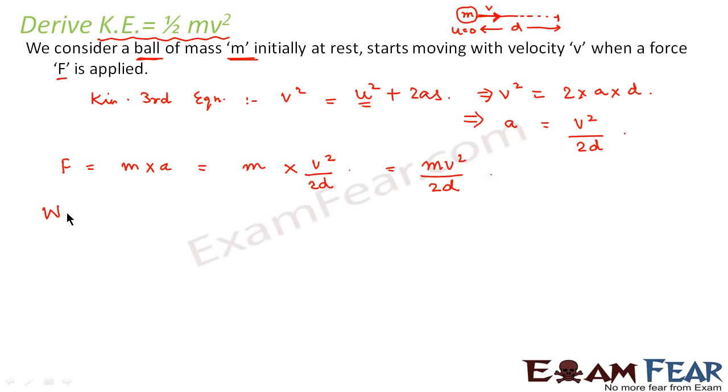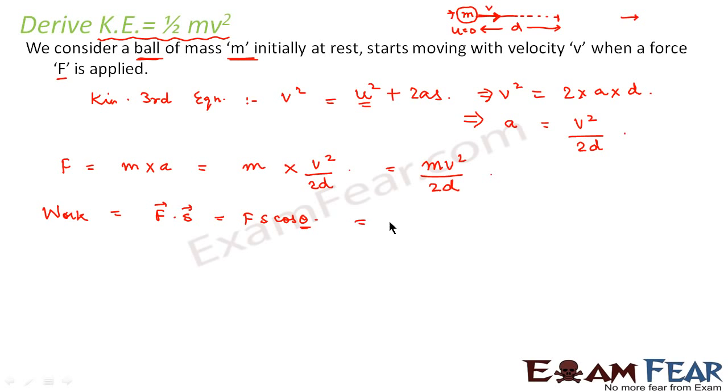Now let us come back to work done. Work done is nothing but force dot displacement, that is F dot S, which is Fs cos theta, where theta is the angle between force and displacement. In this case, the force and displacement both act along the same direction, because the force is applied in this direction and the ball also moves in this direction.